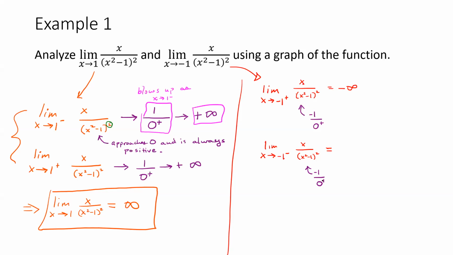So we see this is also approaching negative infinity, because a negative number over a positive number is always negative. Okay, so putting these two pieces together, when I take the limit as x approaches -1, I get negative infinity.